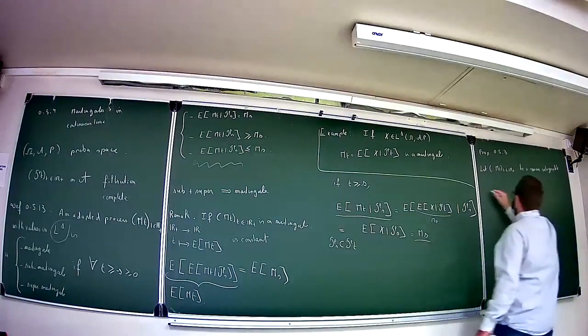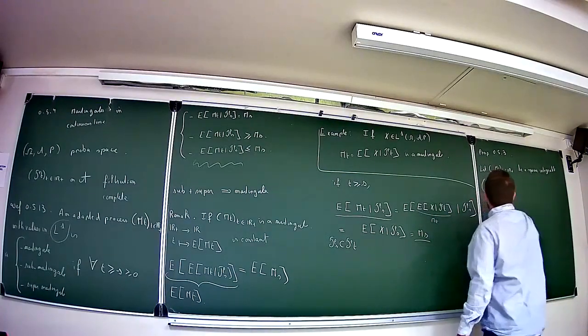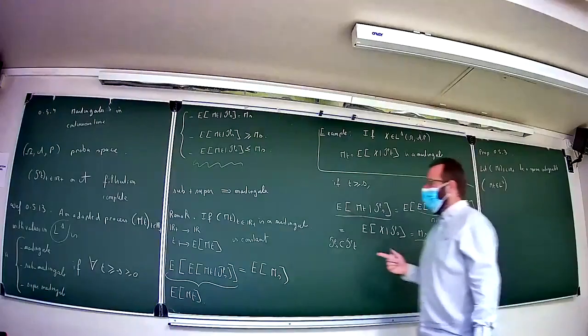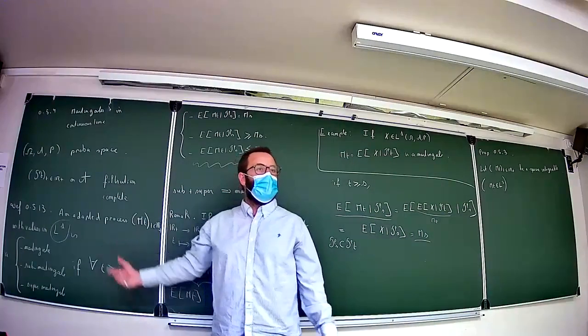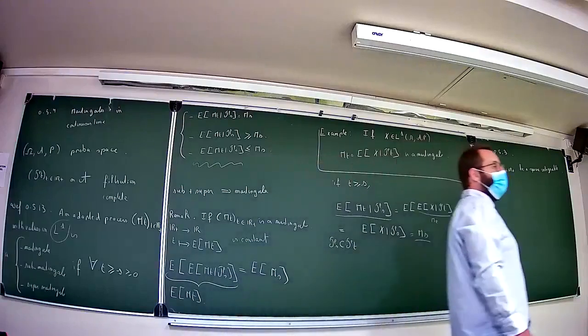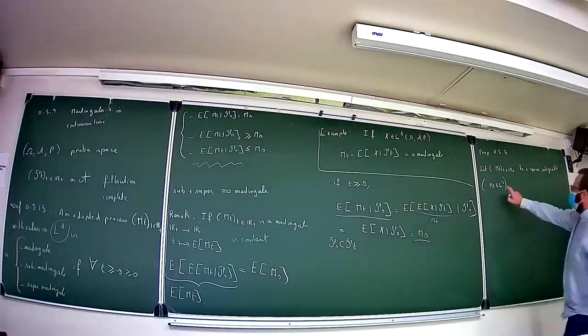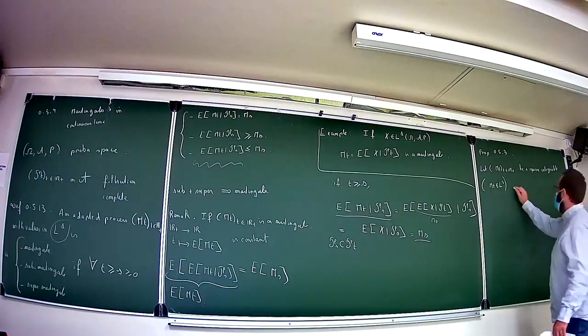Square integrable just means that Mt belongs to L2. So I have something that is a little bit greater than what I need in my definition. In my definition, I need it to be in L1. Here, since we are going to consider conditional expectation of the square, I need it to be in L2. Okay? So let Mt be a square integrable martingale.